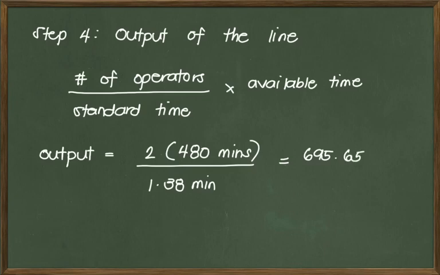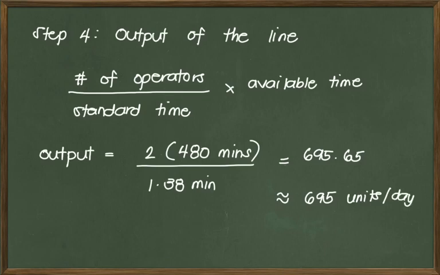And again, when we talk about outputs, we always round down, dropping the decimal value. So that will give you 695 units for the output of the day, so that's units per day.